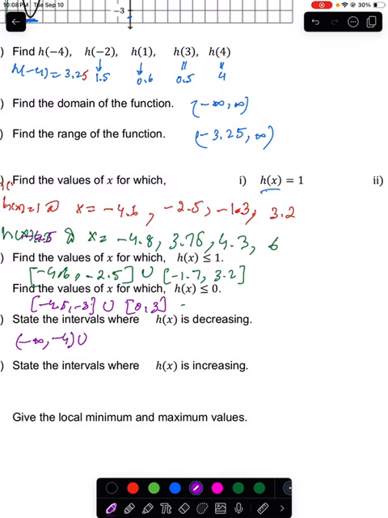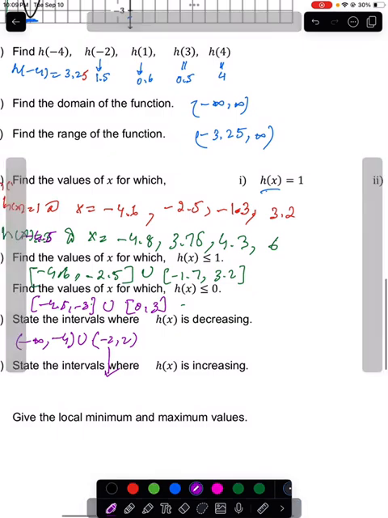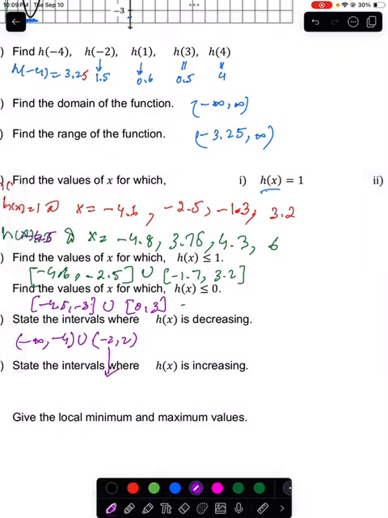Then it is decreasing again from -2 to 2. Or you can actually split this interval and not include 0, -2 to 0, union 0 to 2, in place of -2 to 2. And then also decreasing from 4 to 5.